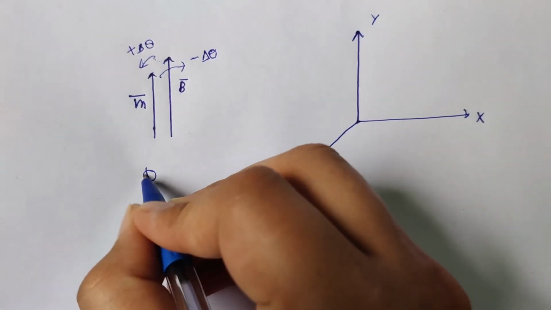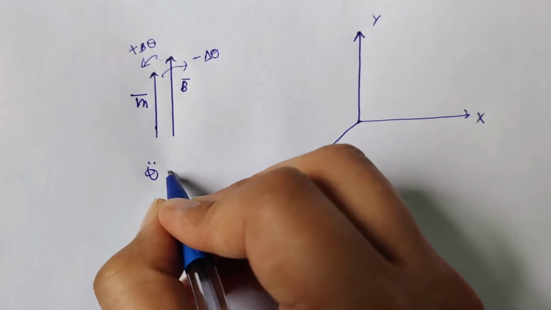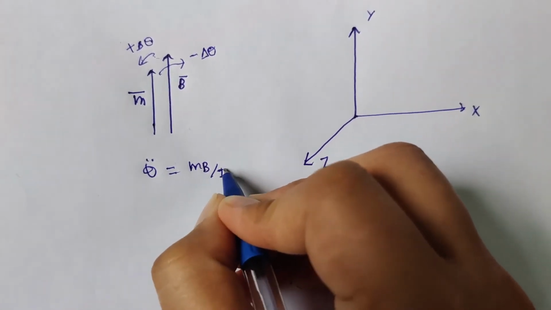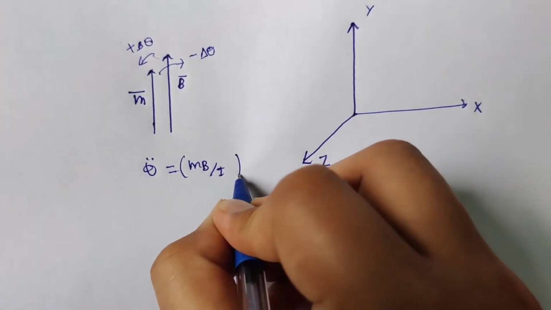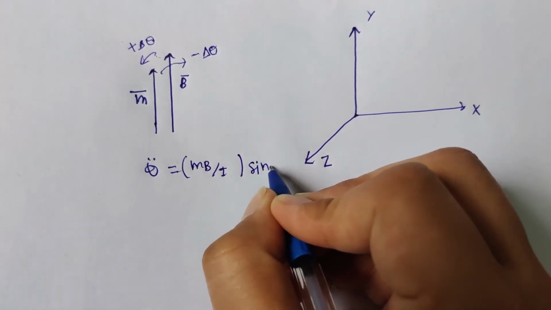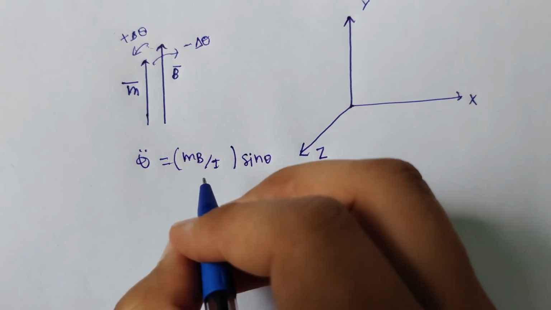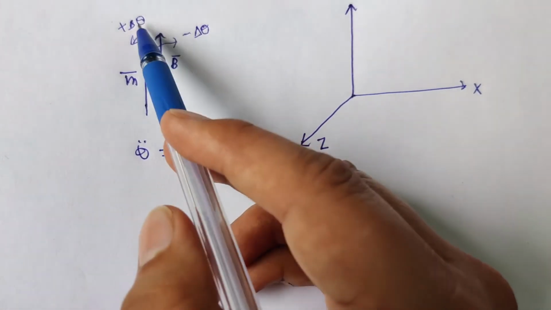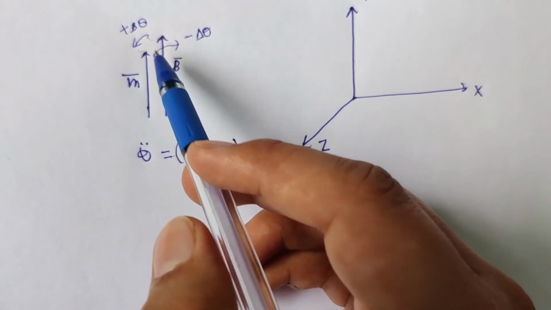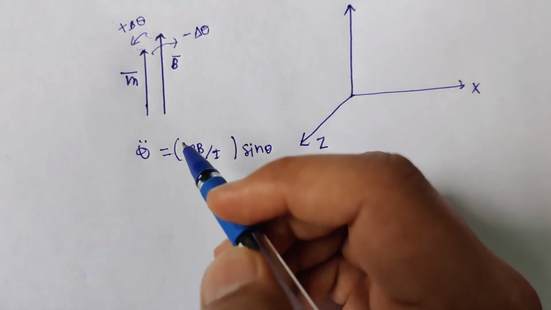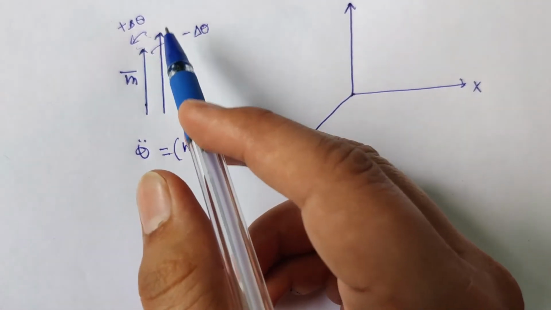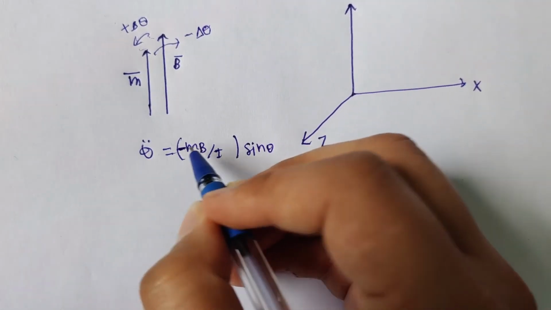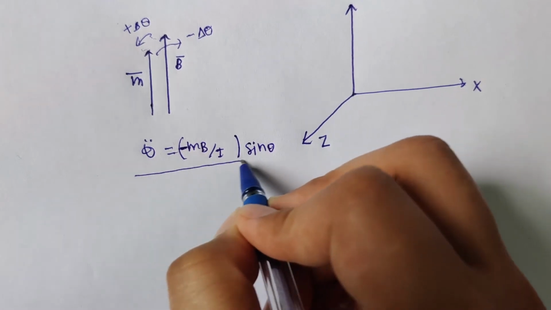Our ordinary differential equation was theta double dot equals mB by I times sine theta. In fact, if we displace it in this direction, the angular acceleration will be in the negative direction of the angular displacement, so there will be a minus sign here. So there is a correction to the ODE we wrote earlier.